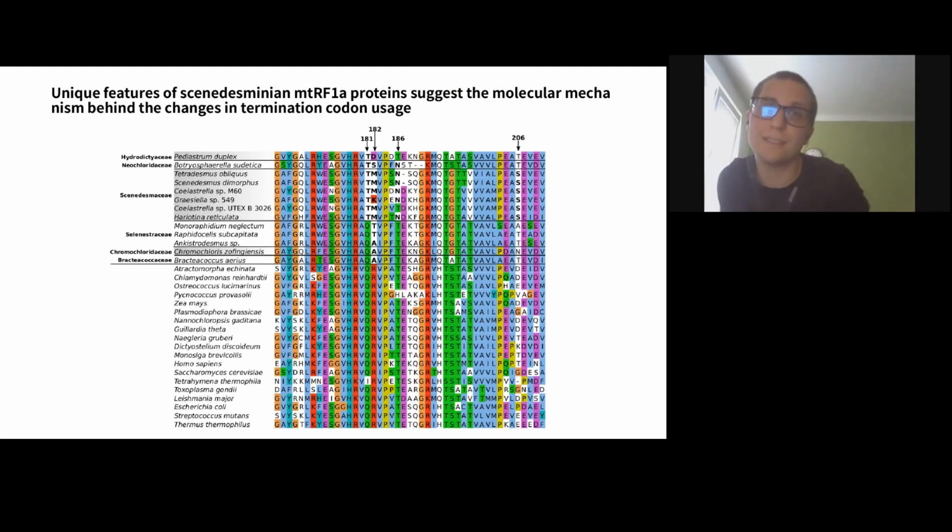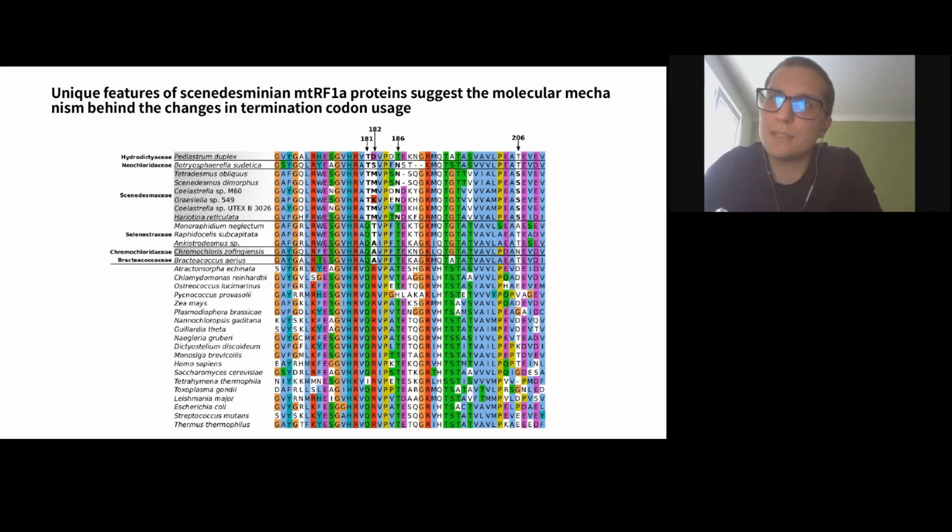But it's not all, because we also found that in some organisms there is mutated position 186, which is responsible for the discrimination of adenine against guanine in the second position of a stop codon. So that's why release factor 1 is not able to read UGA. And what we found here is that it's mutated in some organisms, again, interestingly, together with position 206.